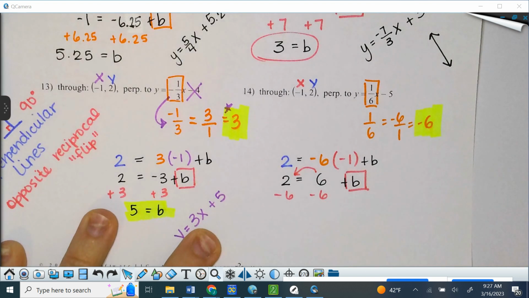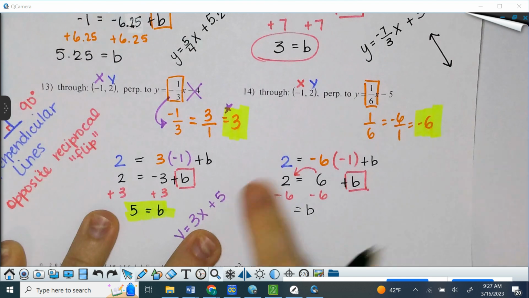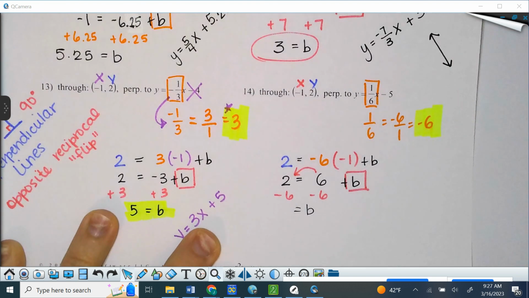Now, if you have $2 and you spend 6, what are you going to be sitting with then? So 2 minus 6 means you're going to have what as the final of that? Good, negative 4. So now we have our y-intercept.